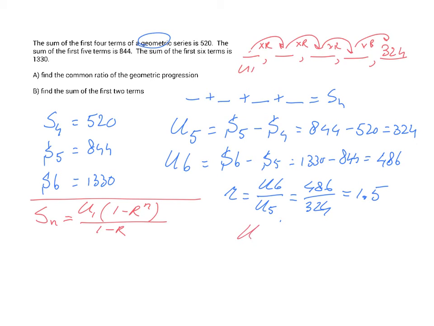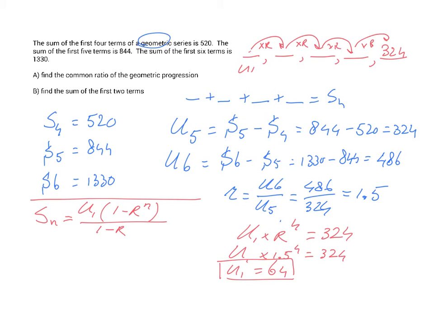So u1 times r to the power 4 is going to give you u5. So that's going to give you 324, and you just found that r is 1.5. 1.5 to the power 4. If you rearrange that, 324 divided by 1.5 to the power 4, if you plug it in your calculator, you're going to find out that u1 equals 64.